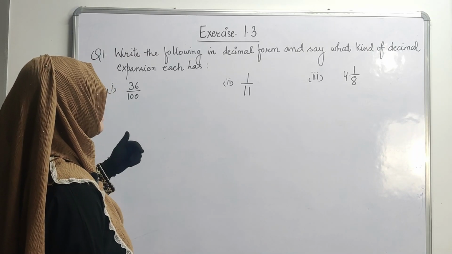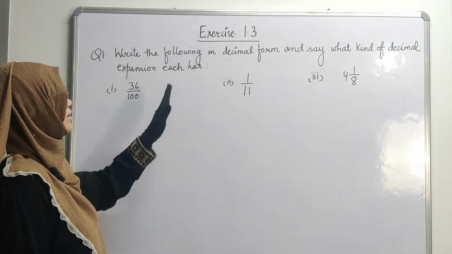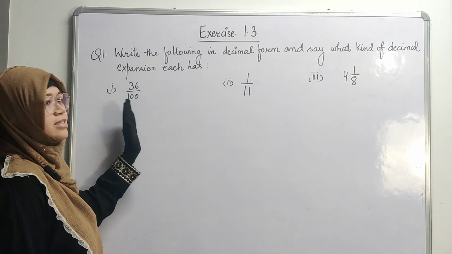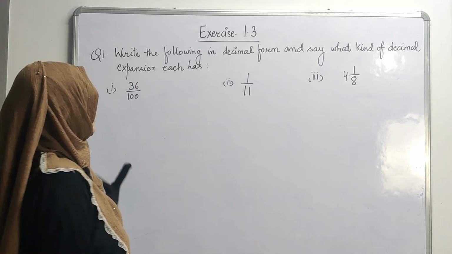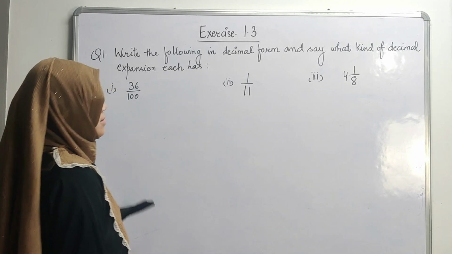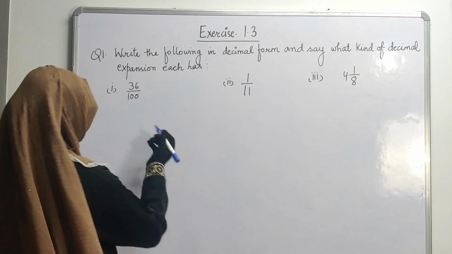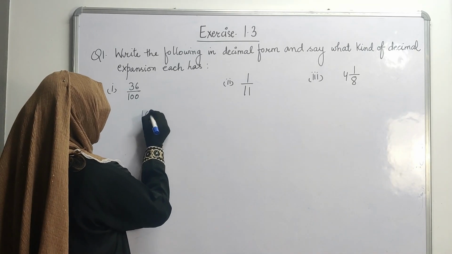What we have to do in this question? We have to find the decimal form of each decimal expansion. हमें क्या करना है? हमें इसके decimal expansion को निकालना है. कैसे? Simply by division. You all know how to divide numbers.